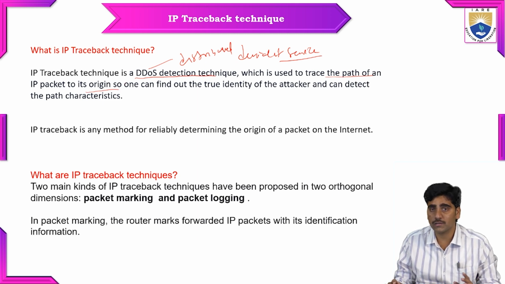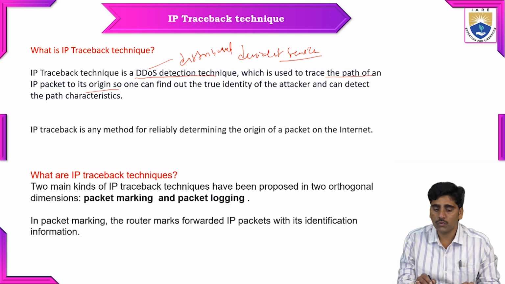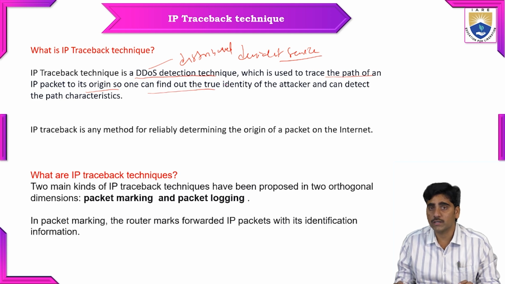That is nothing but the starting point and the ending point, where the path started and where it ended. So from the ending path to its origin path, one can find out the true identity of the attacker and can detect the path characteristics also.